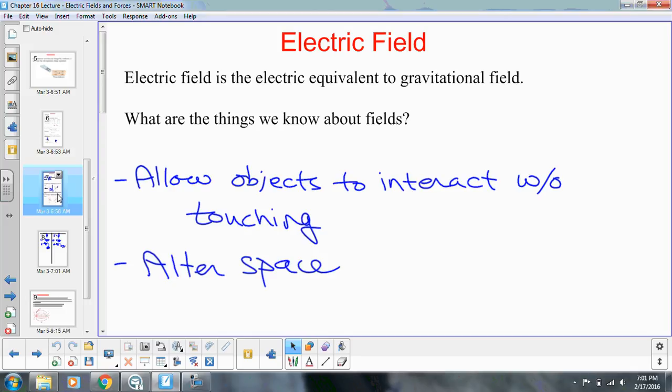So the forces, remember, allow objects to interact without actually touching, and that's what the fields do, and then the fields also alter the space. So the space around these charged objects is actually changed because of the charges.